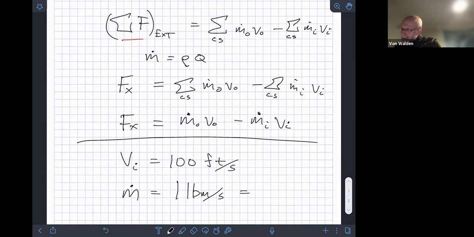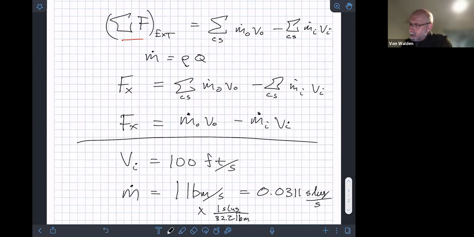We can change this into slugs, which is the appropriate unit, by dividing, as we did before. One slug is 32.2 lbm, so we divide 1 by 32.2 and we get 0.0311 slugs per second. So that's our mass flow rate.